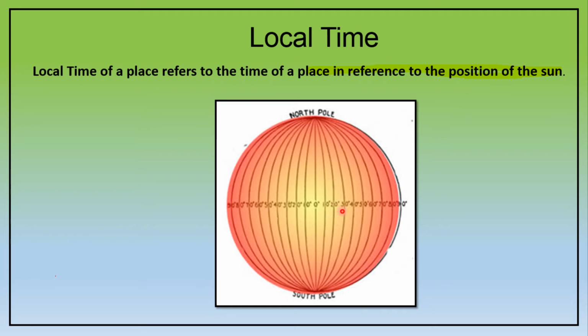When it is facing the sun, all the places on this longitude will be seeing the overhead sun, irrespective of which hemisphere they are in.